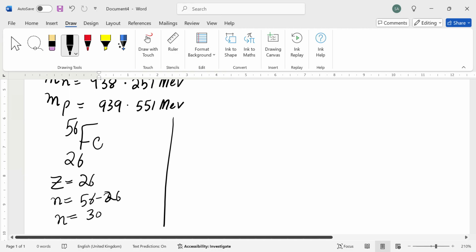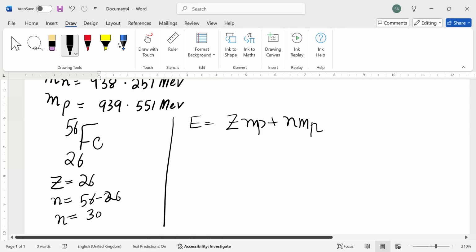Now for the binding energy, the mass defect has to be calculated. Let's just calculate this in energies. This would be Z times the mass of protons plus N times the mass of neutrons.